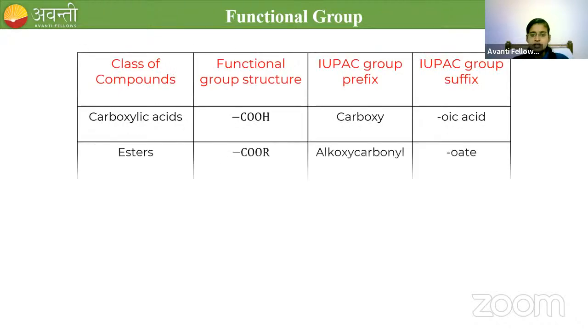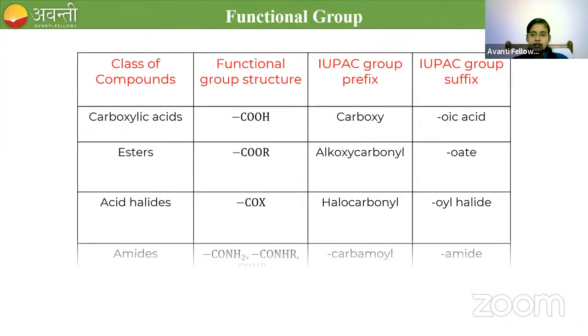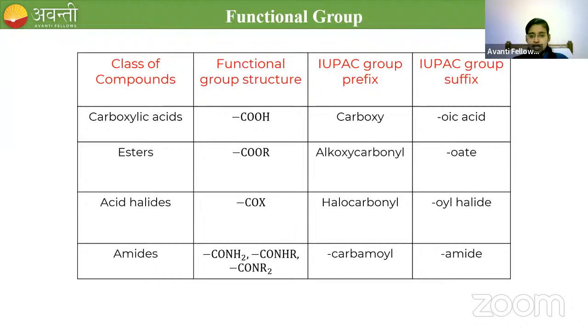The first one is carboxylic acid. The formula is COOH, prefix is carboxy, suffix is oic acid. I will tell you when you have to use a prefix and when you have to use a suffix.